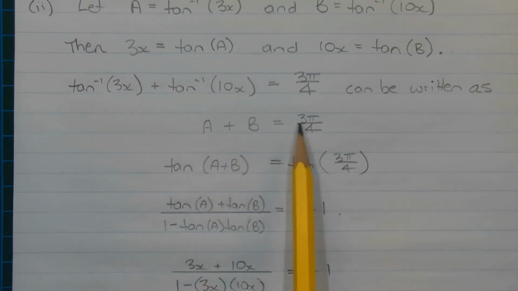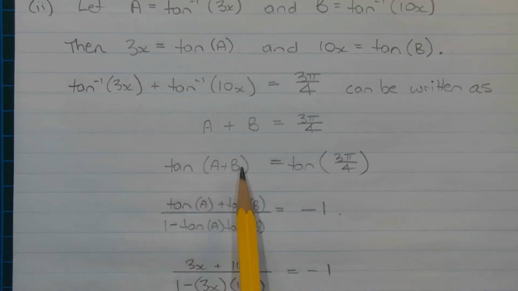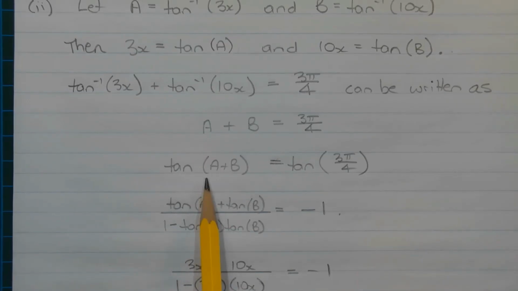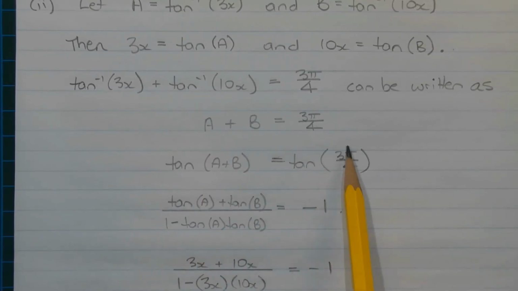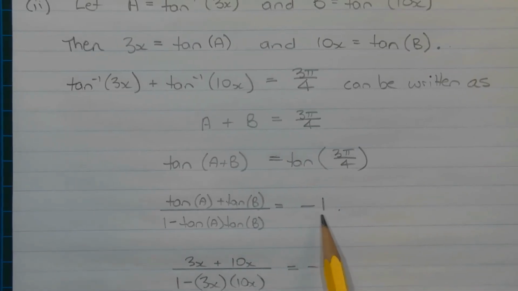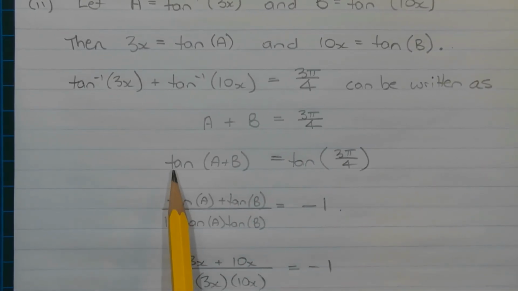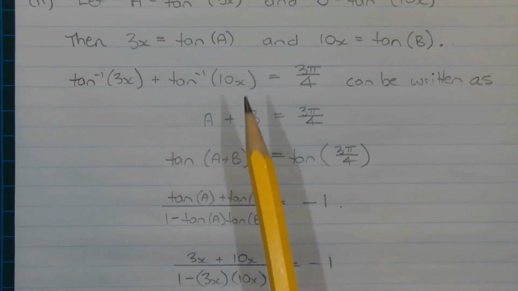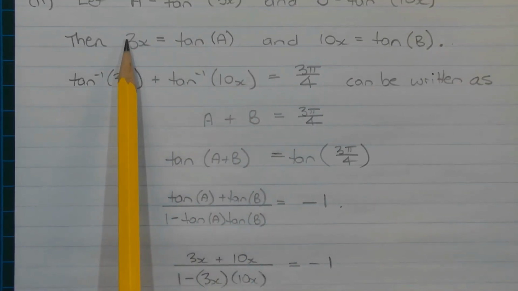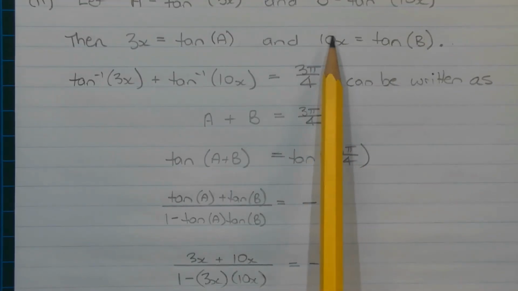Taking the tan of both sides of that equation, we get tan of A plus B, the tangent of a compound angle, is equal to tan of 3 pi over 4. Now tan of 3 pi over 4 is an exact ratio, we get negative 1. And expanding tan of A plus B, we get tan A plus tan B over 1 minus tan A tan B. Now recall that tan A is equal to 3x and tan B is equal to 10x.